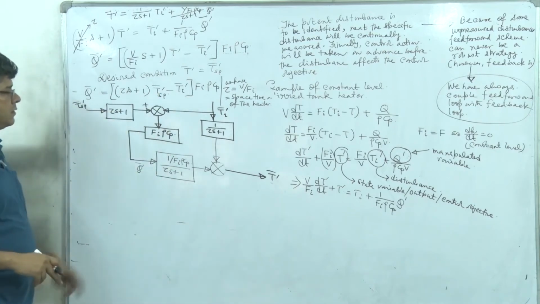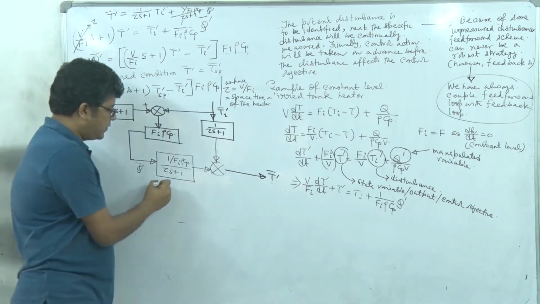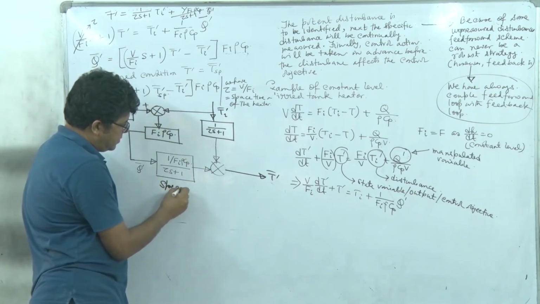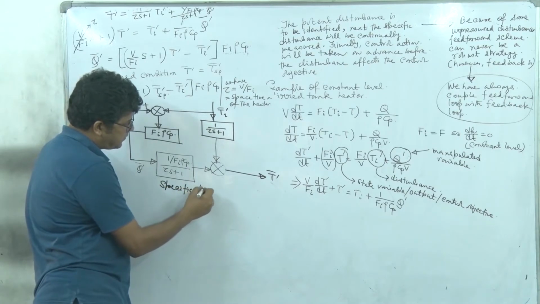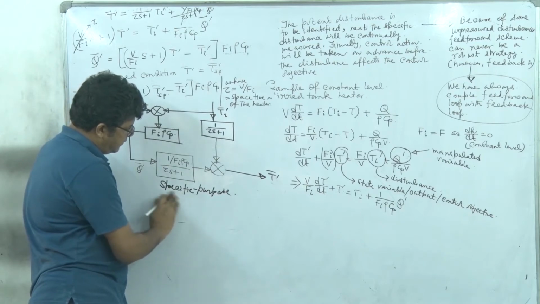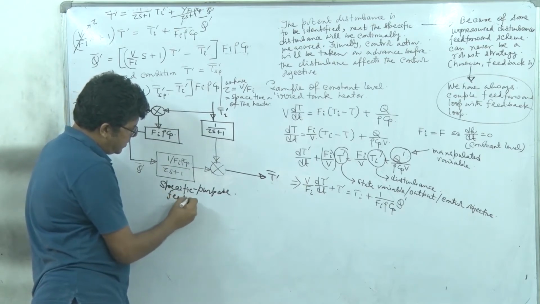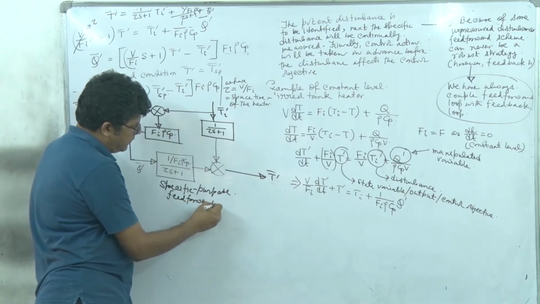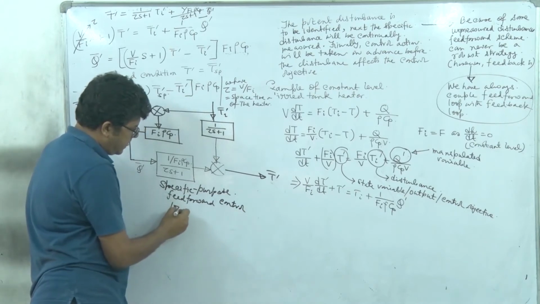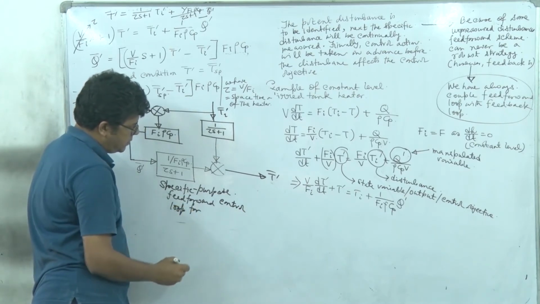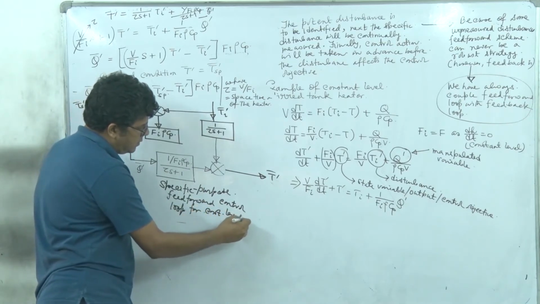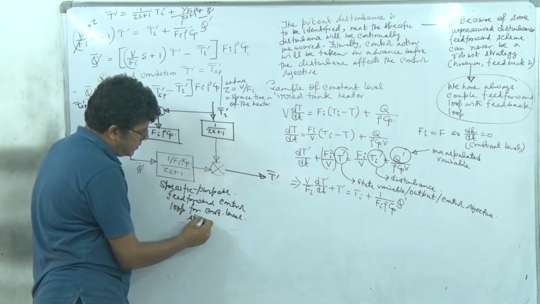So this is the system specific feed forward control loop for constant level stirred tank heater.